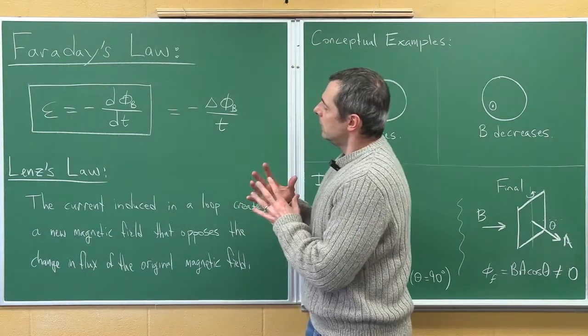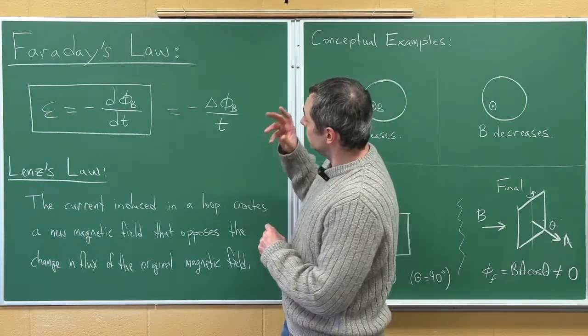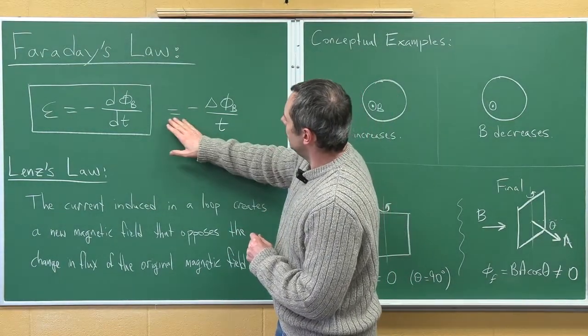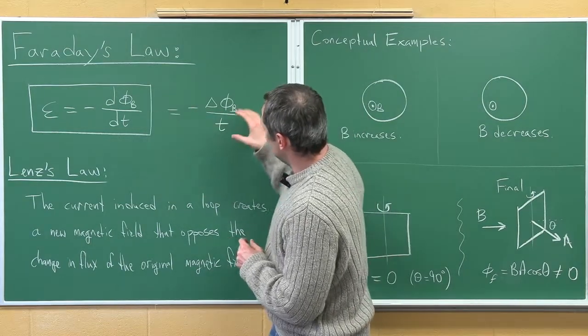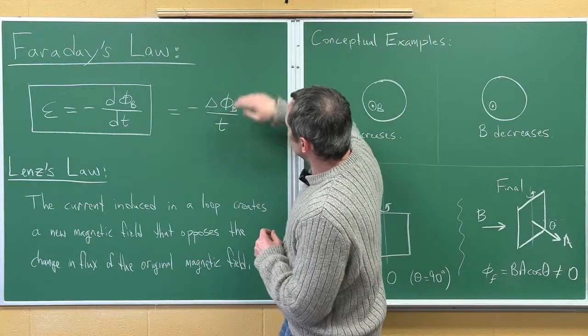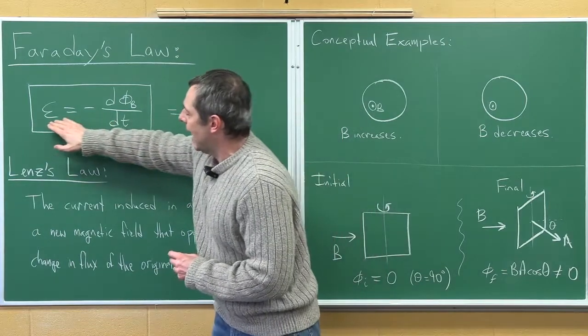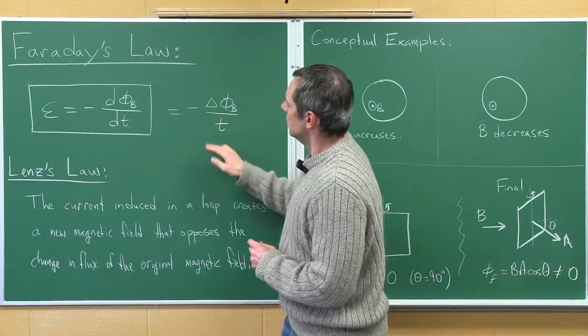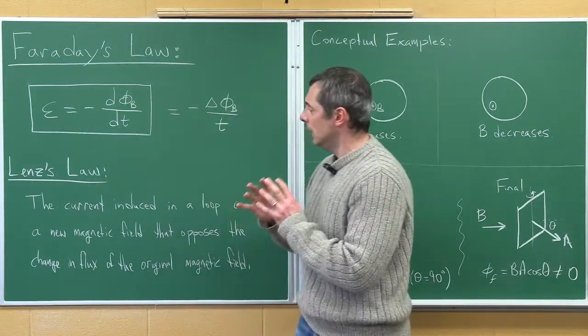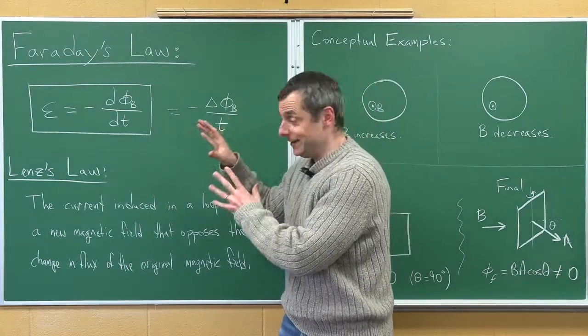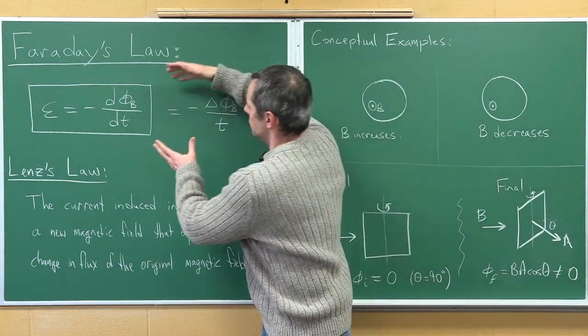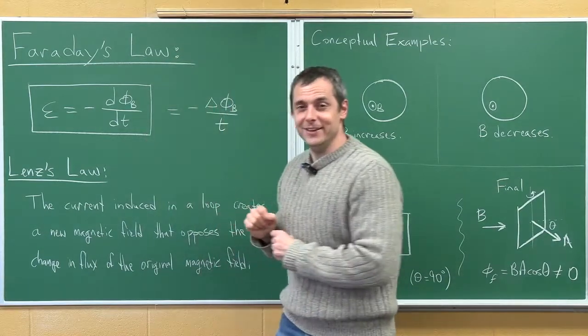Another non-calculus way to express this same idea is to convert this derivative to a delta. A change in flux per time will give you the average voltage over that time interval. But this is really the heart of the idea. Again, I want to emphasize, beautiful, magical statement right there.